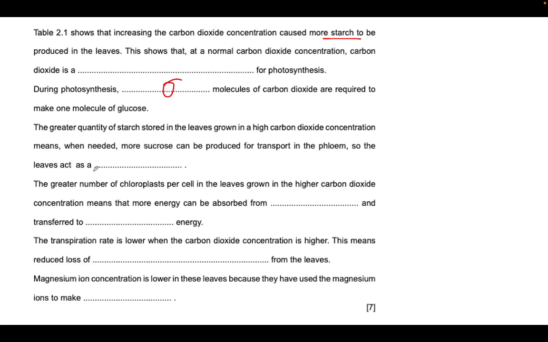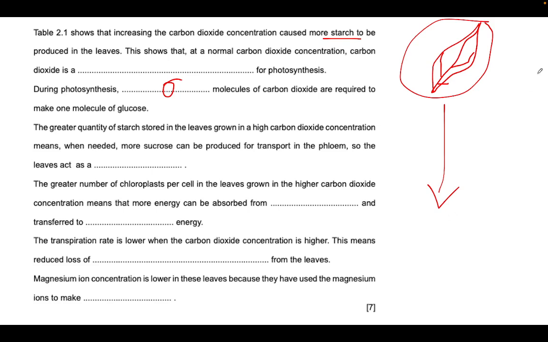So the leaf acts as a what? If the leaf is the one producing glucose, and glucose will come from the leaf going in all parts, which name did I tell you that it is given to it? Where glucose is produced, where things are transported from to where they are going, this is the source.